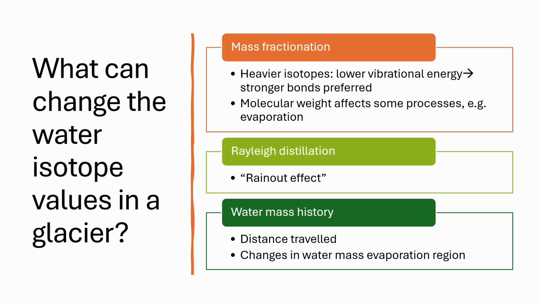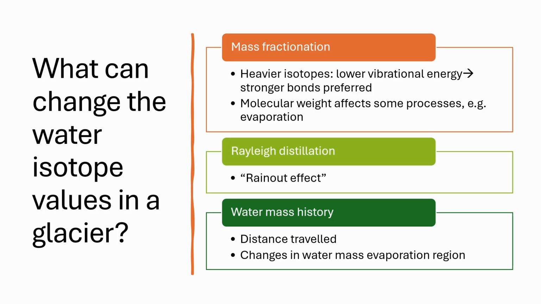Next, we have Rayleigh distillation. This is a process you might recognize from the previous video on stable isotopes. So Rayleigh distillation is this exponential relationship that describes the partitioning of isotopes between different water masses.